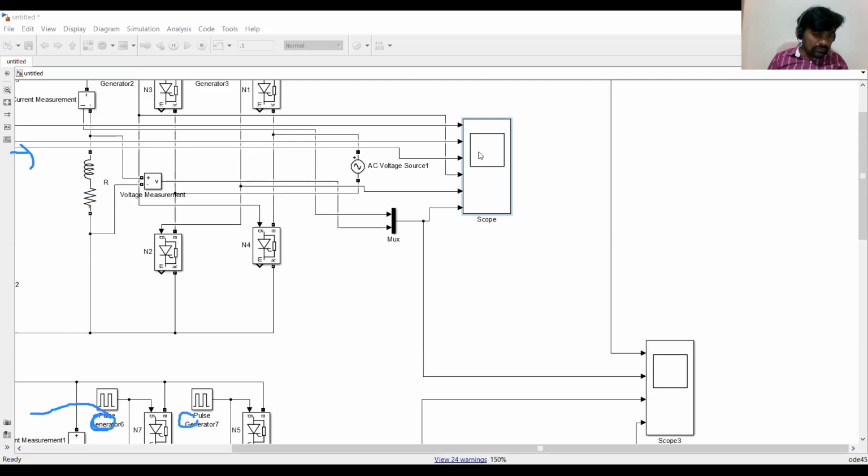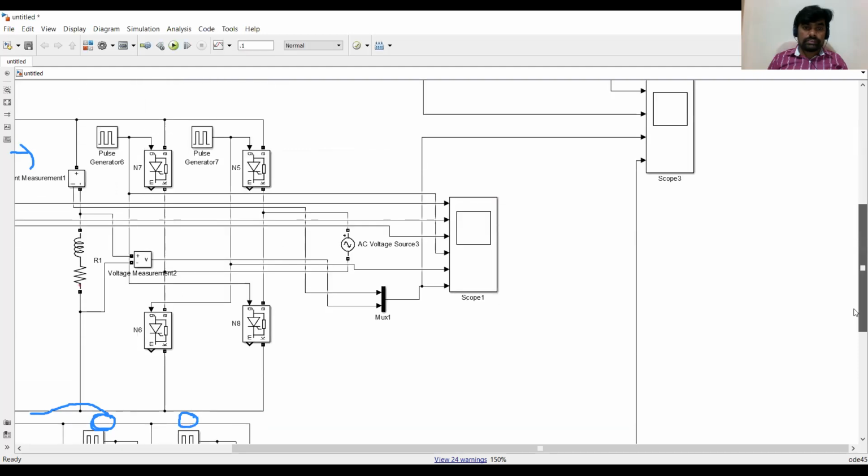So if I increase the value of inductor, the negative peak will increase, and there is reduction in the average output voltage or RMS output voltage, I can say, right? So now you can see positive half cycle and negative half cycle. This is for alpha equal 30 degrees. Similarly, you can see at alpha 60 degrees.